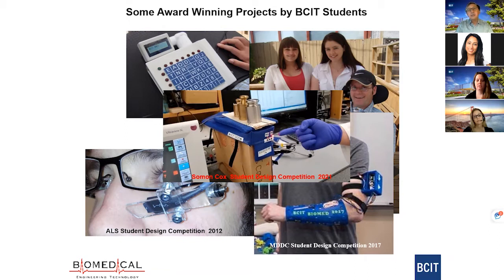This device gives the user very simple control of the temperature to keep the arm and hand warm when they are out in Stanley Park or outside their homes. The student won the second prize in the Simon Cox Student Design Competition against university teams from SFU, UVic, and UBC.